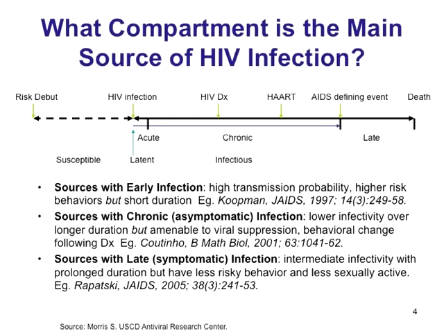So this slide just breaks down the compartments for the main sources of HIV infection. In addition to the impact of knowing one's status, the unique phases of HIV infection have different implications for onward transmission.